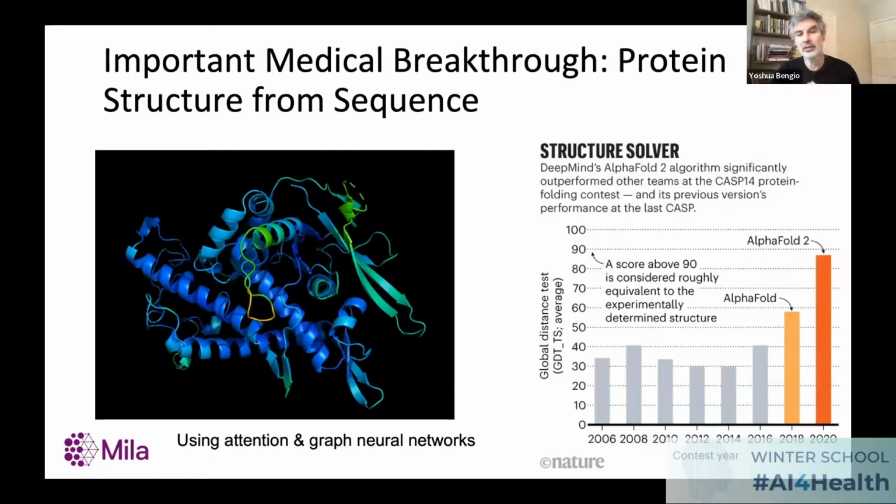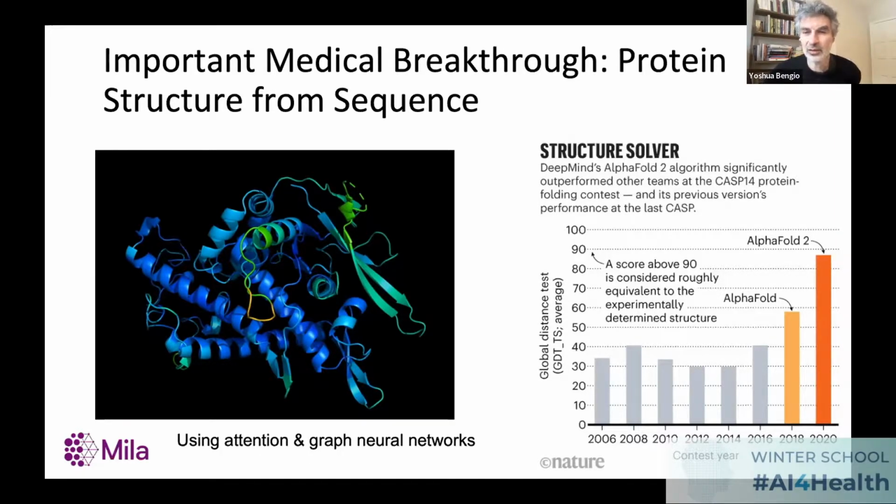So you're given the sequence of amino acids, and you're trying to find the 3D structure where each of the residues are going to be standing in space relative to the others. And this has been a hard problem that scientists, usually not using machine learning until recently, have tried to crack for decades. Right? And the progress has been very small.